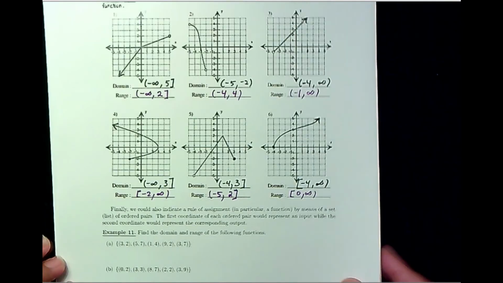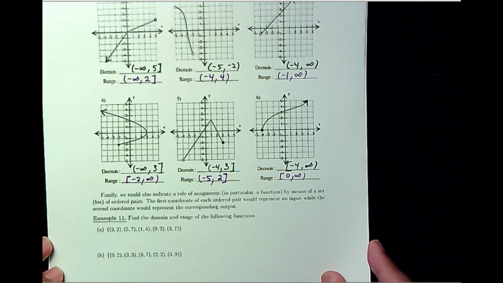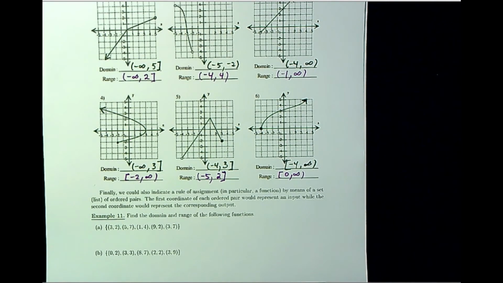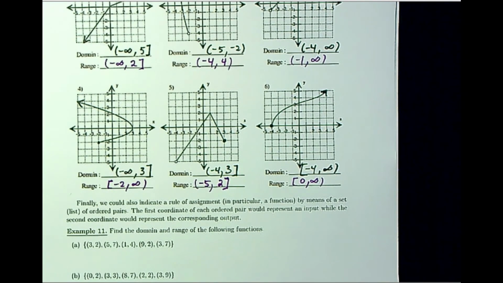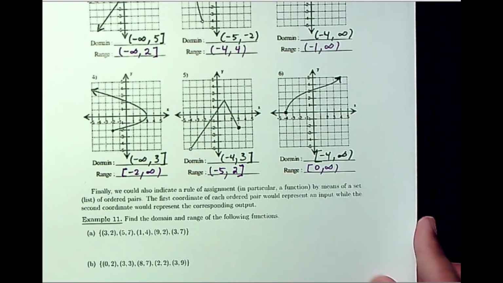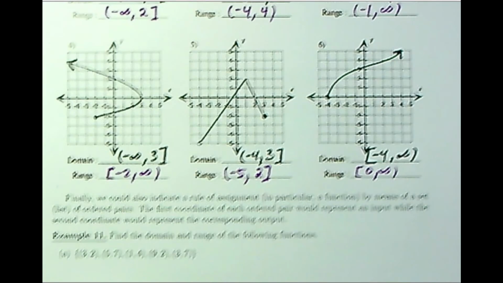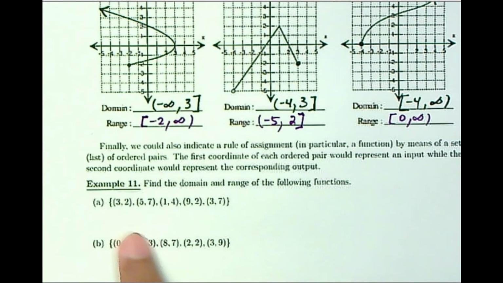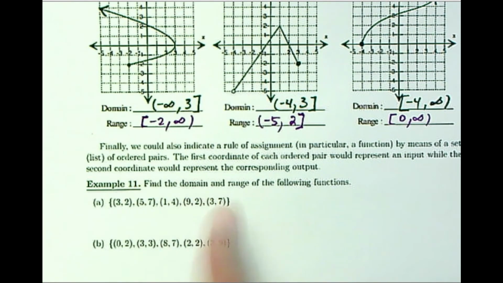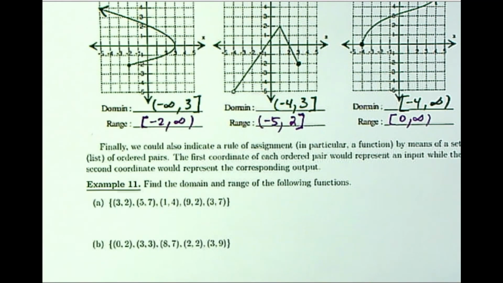Okay, and the last part is how to find the domain and the range when the function is described in terms of points, like this one. These are points. Okay. So now, when you have the coordinates of the points, finding the domain is really easy.